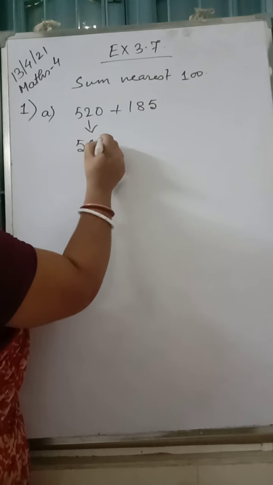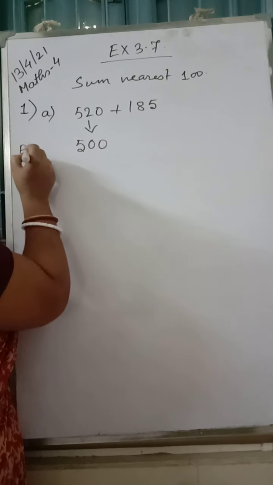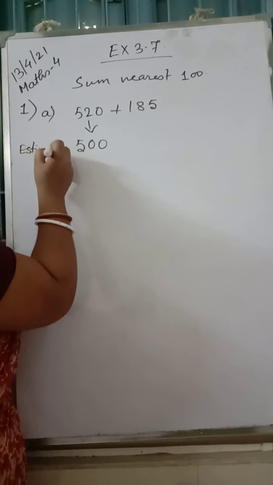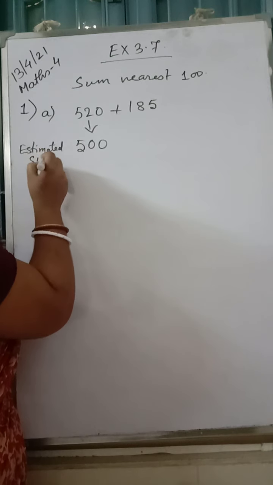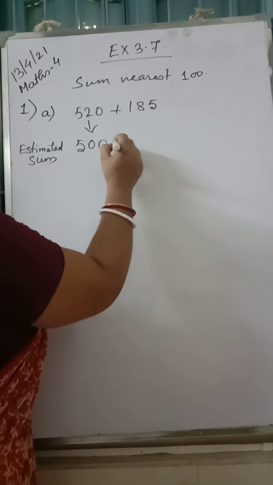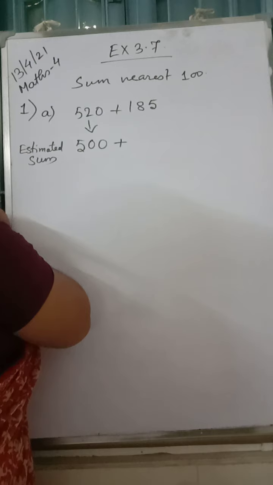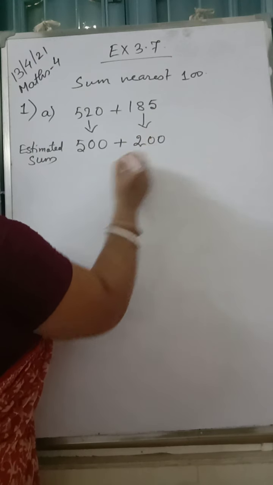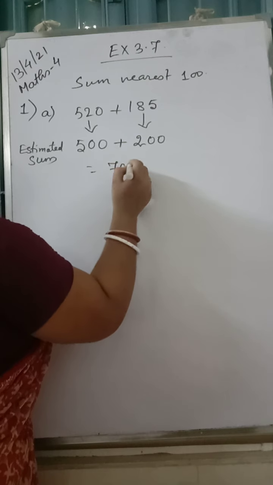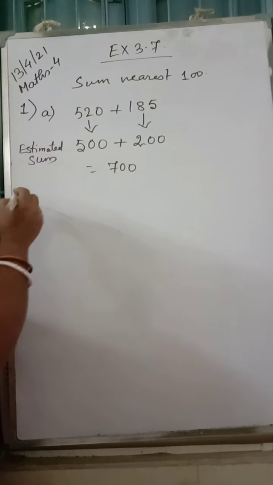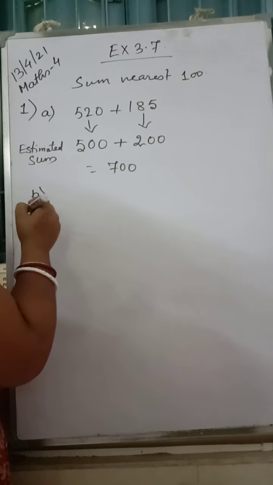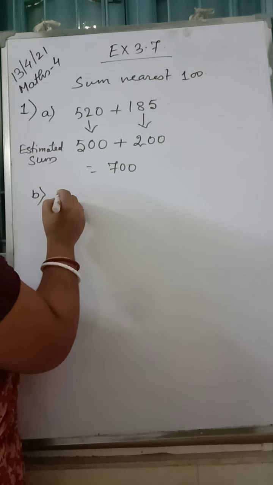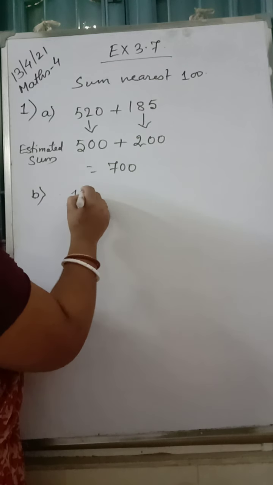That would be 500, where here you will be writing estimated sum. 520 would be 500 and 185 would be 200, is equal to 700. Only this much we have to do. We don't have to write the sentences. Here we only have to write the numbers. And then estimated sum.